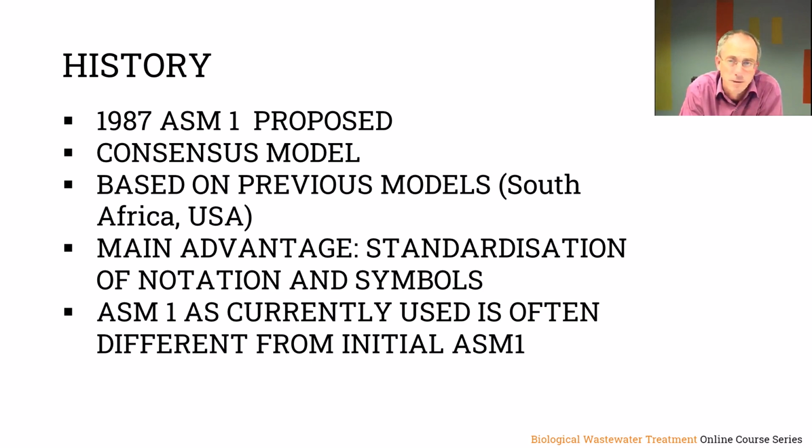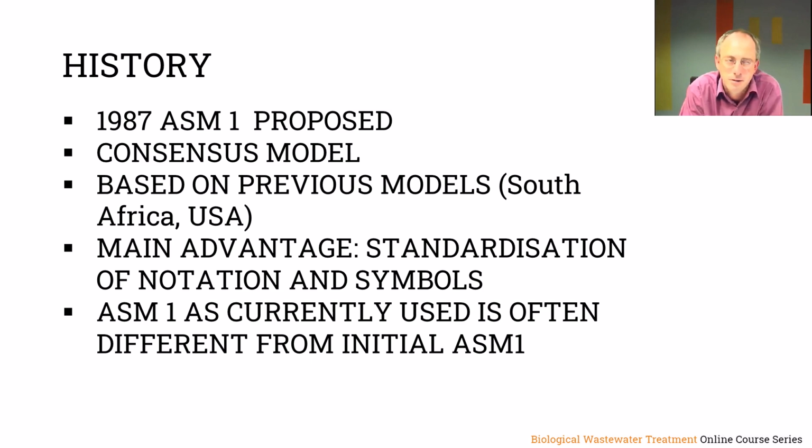So the model was based on previous models, mainly from South Africa and from the United States of America, from groups there. And one of the main advantages of making that model, because in principle if you look at the equations, the processes, stoichiometry, they were all in these previous models. It was mathematically maybe not really new. It's more the fact that now everybody was using one standard notation, one standard way of presenting the models.